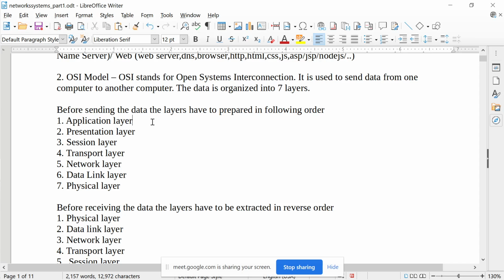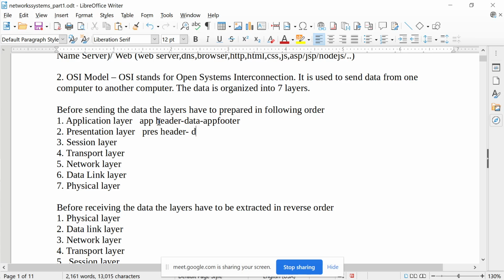So the application layer data will have an application header, its own data and its own footer. But when you send it, the presentation layer also will have its own header. In the header, what will be there basically, whether it is an ASCII format or whether it is Unicode, those kinds of information are very important.